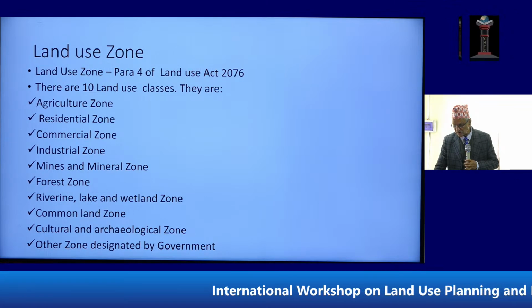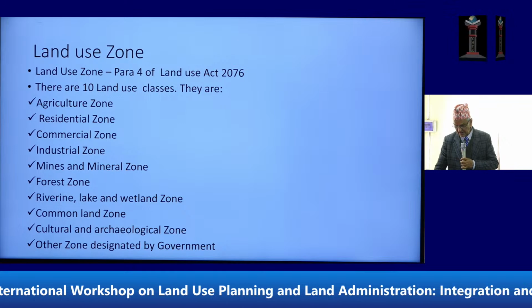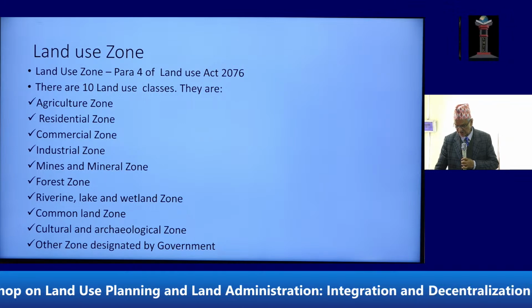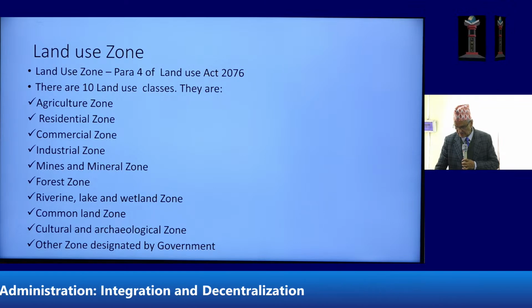So in the land use zoning there are now 10 zones: agricultural, residential, commercial, industrial, mines and mineral resources, and so on.